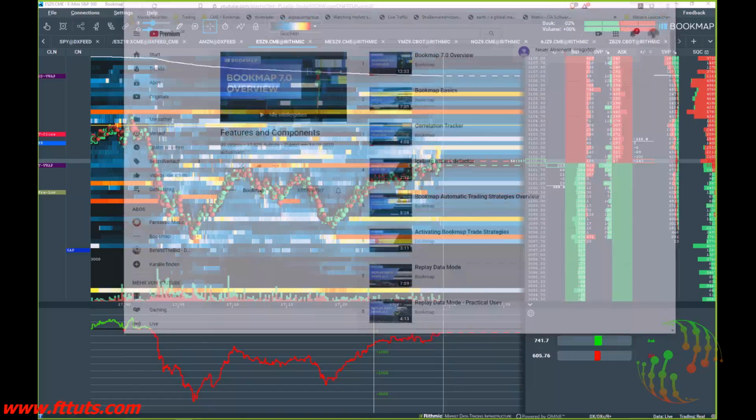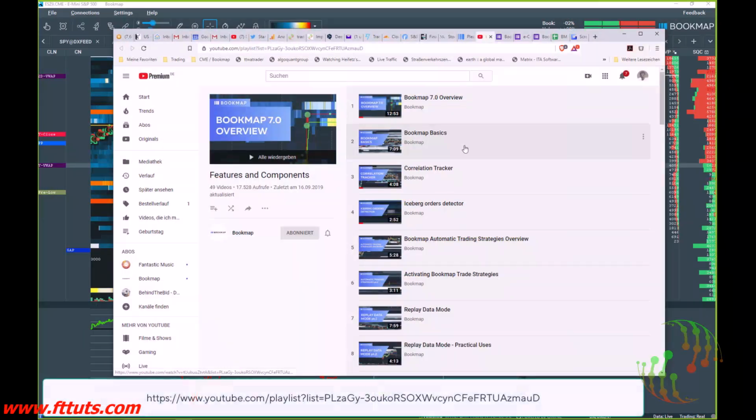I have put this link on the side of the presentation. This link is from my colleague Bruce Pringle, and he described in a few minutes the features and components of Bookmap.